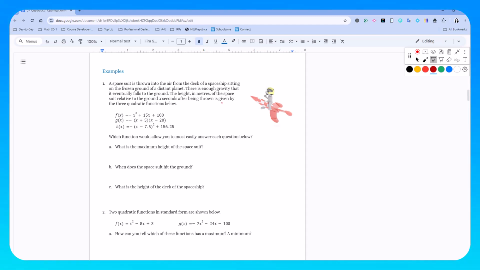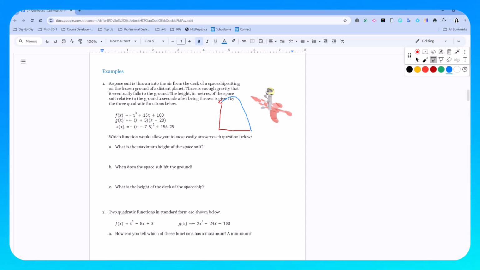So let's look at what I mean by that. It means that if this represents the deck of the spaceship, then this thing is going to be thrown off the deck, go up, and then land on the ground below. And as you may notice, this represents a parabola, kind of a partial parabola right here.